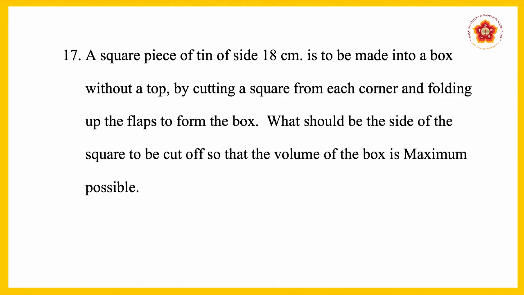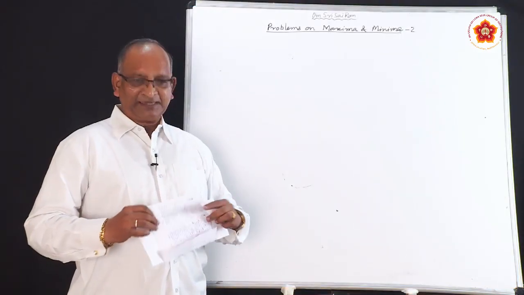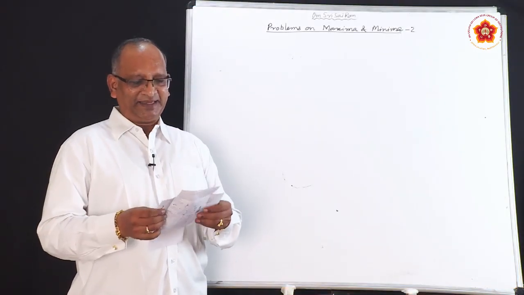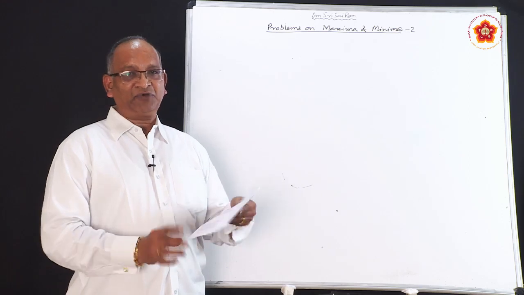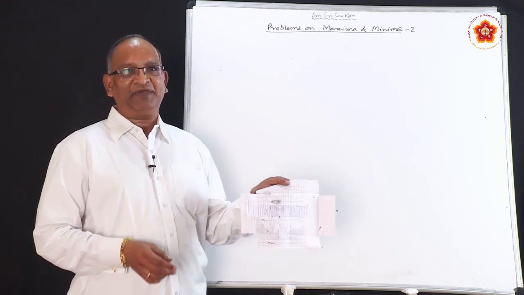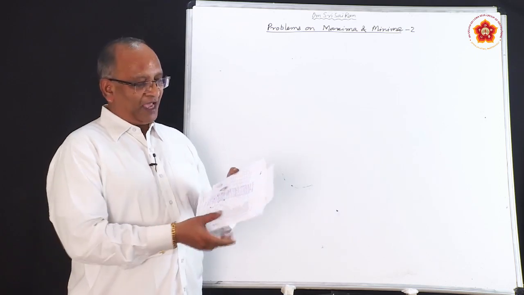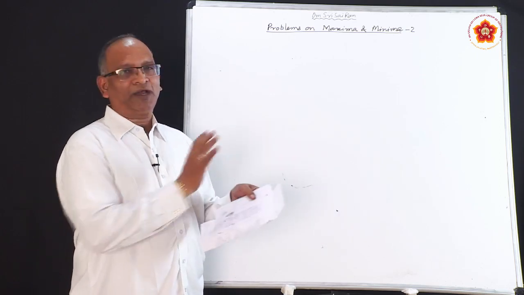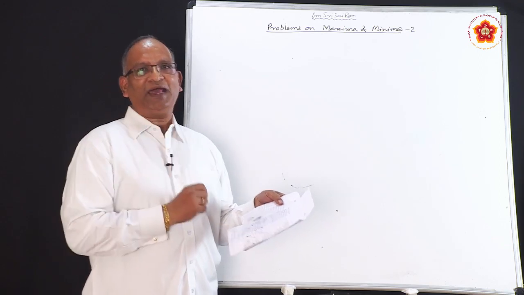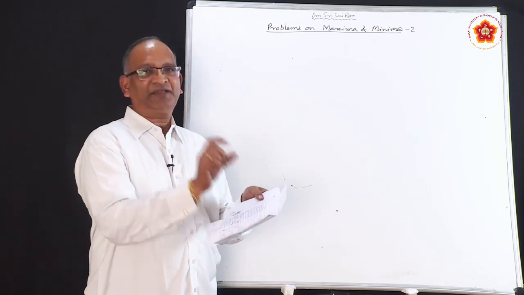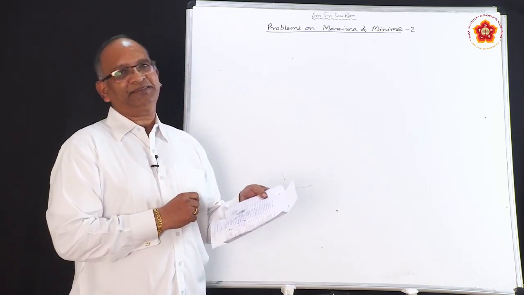Just take for example, let us say here is a paper. It is not exactly square, let us say it is a rectangle, it does not matter, it is enough to understand the concept. So, here we have a sheet of paper. We have cut the squares from each corner. If you have cut the square from each corner, it means the length and width of that piece is going to be same.